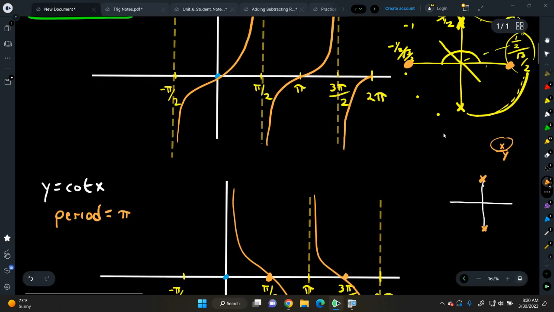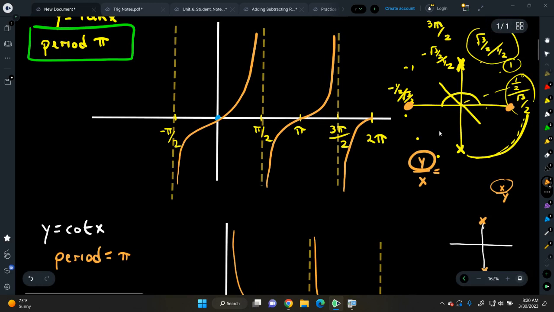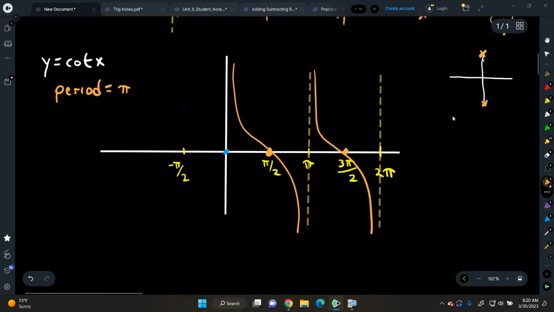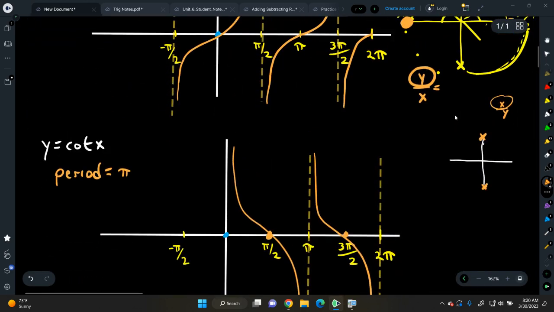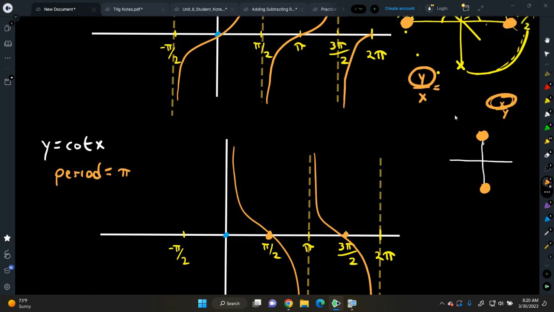Tangent is 0 when y is equal to 0, because a fraction is going to be 0 when the numerator is 0. So tangent is 0 when y is 0, which is right here. And right here, that's where y is 0. Cotangent is going to be 0 when the x is 0, and that's in these two spots. Okay, so those are two main things that you're going to notice are different, where it crosses the x-axis, and of course the asymptotes. And then, of course, we have the shape.